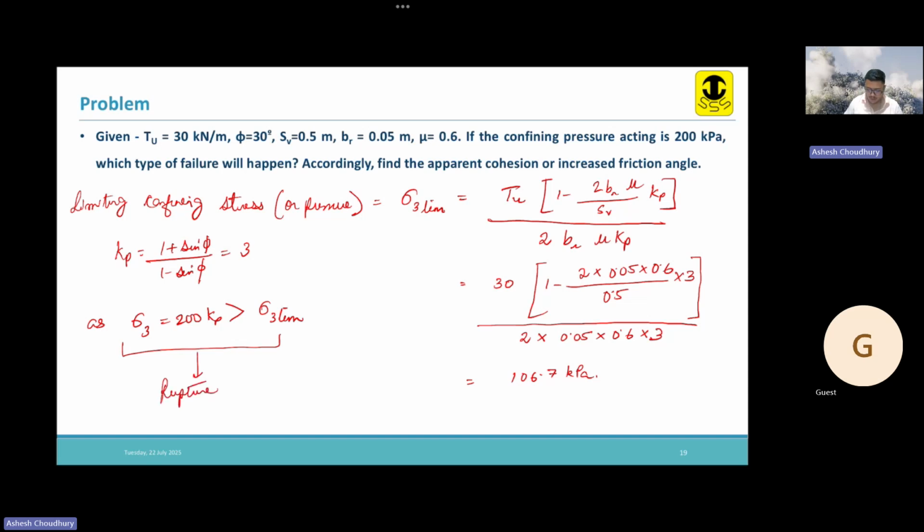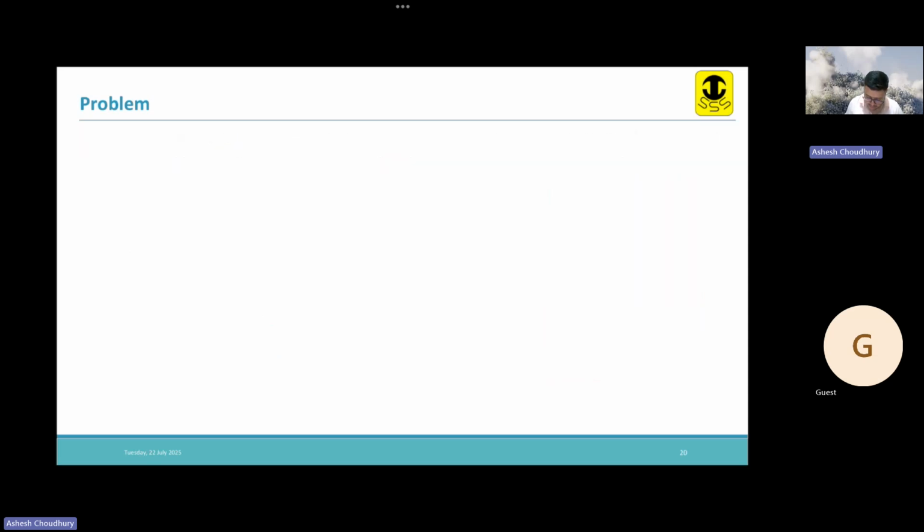So we'll have rupture. Okay, now see, if rupture is the mode of failure, then apparent cohesion governs. So apparent cohesion you have to find out accordingly. So what is the apparent cohesion? Tu over Kp, right?